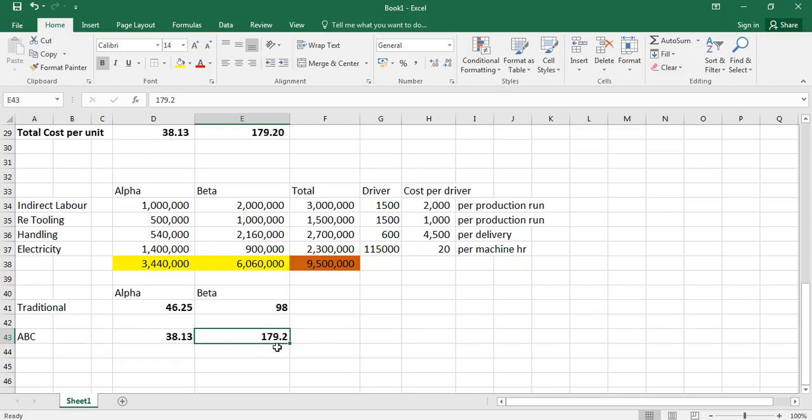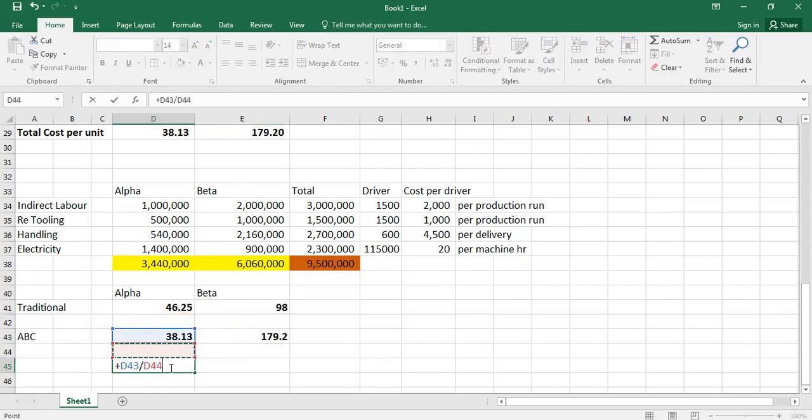So they are the key issues you should be able to discuss, and that's particularly important for the final exam, where you're looking for MBA students to actually interpret what that means. It means you may need to reassess your product portfolio mix and where you're prioritizing, and you may need to reassess your pricing strategies, because beta is nearly twice as dear in terms of costing, and alpha has fallen.